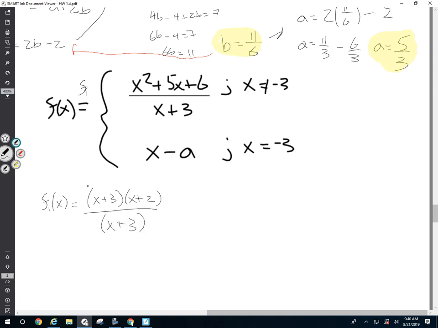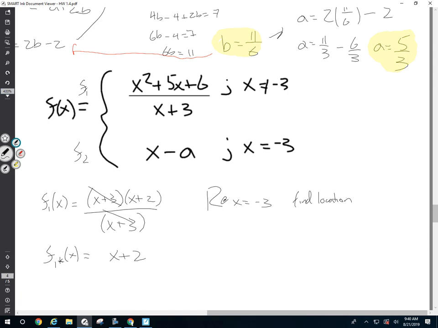Yep. We have a removable discontinuity at x equals negative 3. Let's find the location. So I'm going to turn this into f little 1 star because I'm going to simplify the x plus 3's, and I get x plus 2.